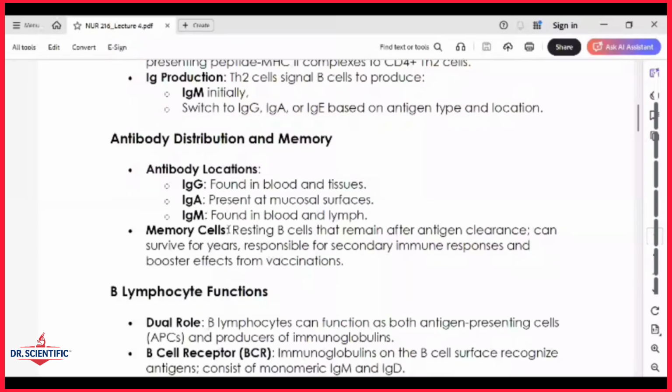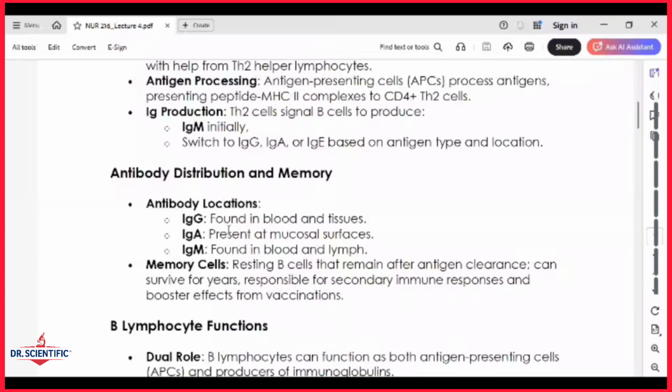All right. And again, we need to remind ourselves that we have 5 types of immunoglobulins. We have IgM, which stands for immunoglobulin mu, IgG, which stands for immunoglobulin gamma, IgA, immunoglobulin alpha, IgE, immunoglobulin epsilon, and lastly IgD, immunoglobulin delta.